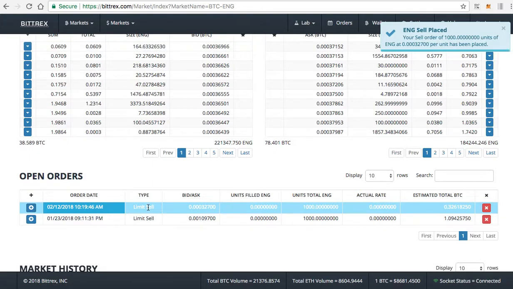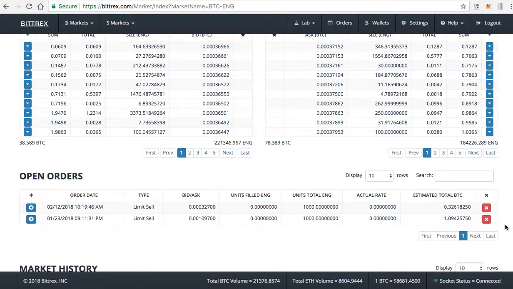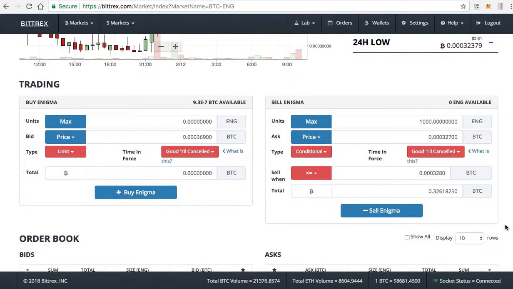Okay? So again, what we just did was we set a stop loss, 10%, sell price, condition is less than or equal to, sell price is the limit, this is the stop.